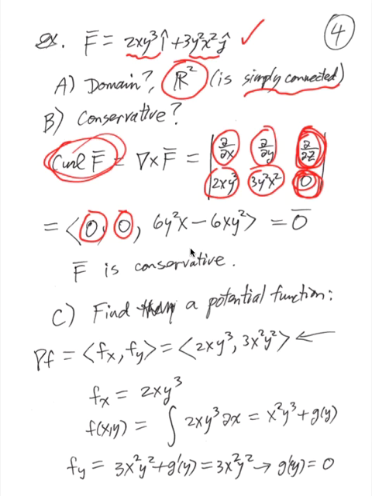So basically, what am I doing? I'm taking the partial derivative of N with respect to x and subtracting from it the partial derivative of M with respect to y, like we have right here.